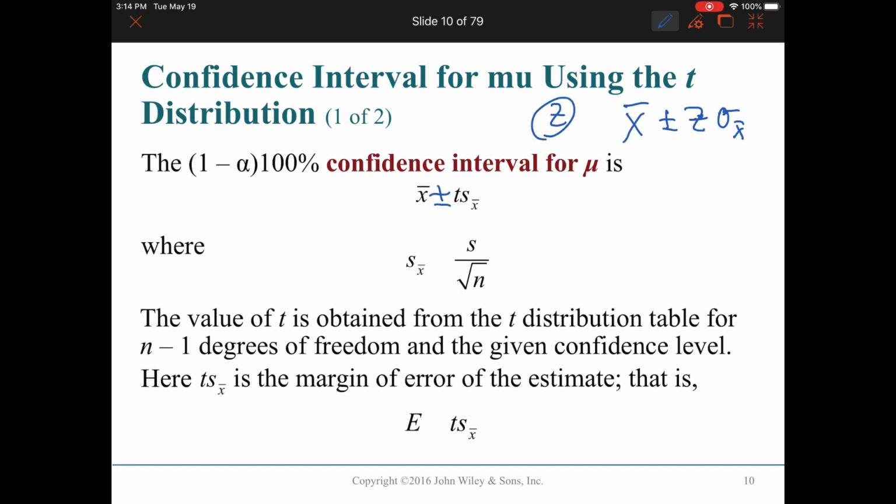If we did, we'd be using Z. Z and sigma are tied together. But when you have S, then you have to depend on the second choice, the t distribution. And yes, it's still going to be, this time, S over square root of n. So yeah, you could easily say x bar plus or minus t times S over square root of n.